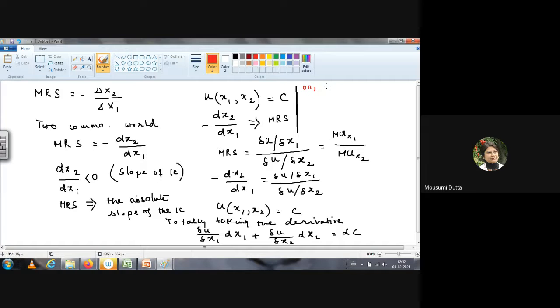So we are getting dx2, what we are getting?